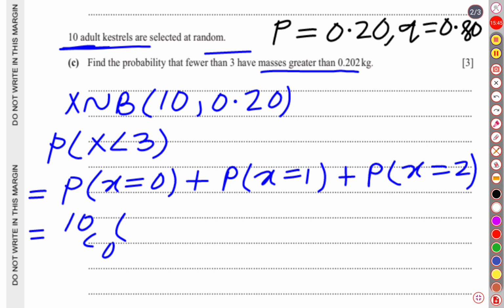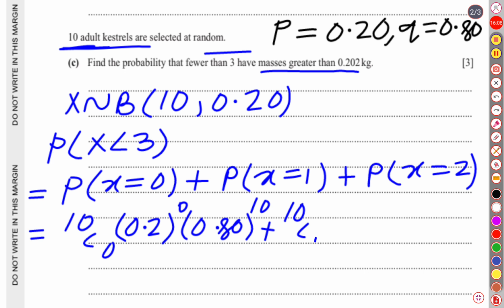So our probability is 0.2 raised to 0, and the rest of them, that means all 10, have 0.8 raised to 10. Plus, if there is only one bird, 10 choose 1, the probability of having mass greater than 0.202 is 0.2 for only one, and the rest of them, 9 birds, are less than 0.202.